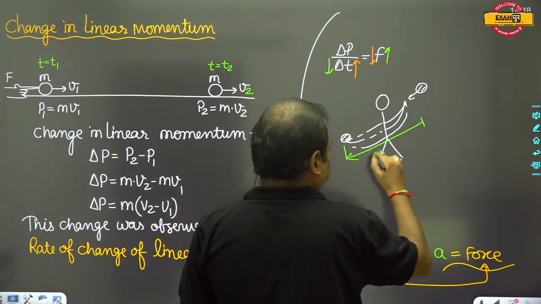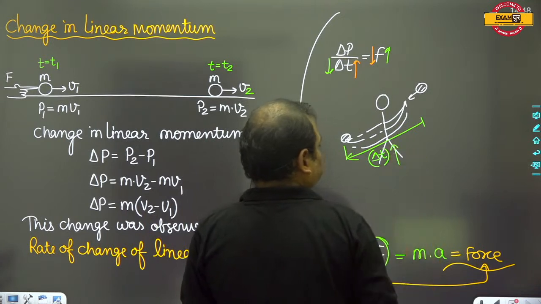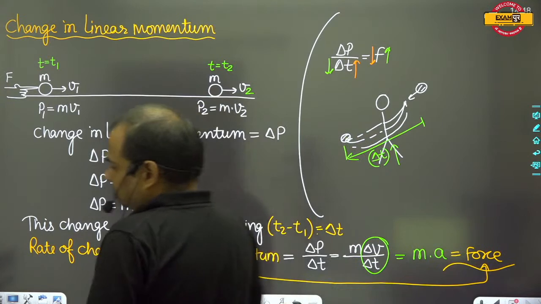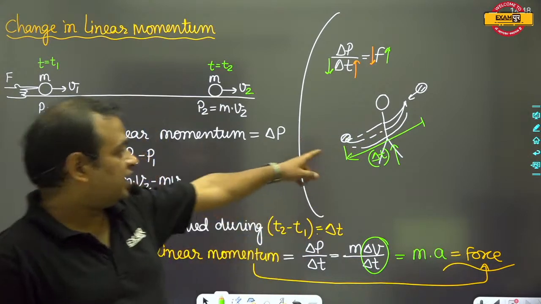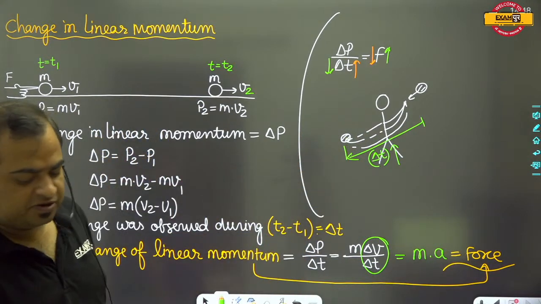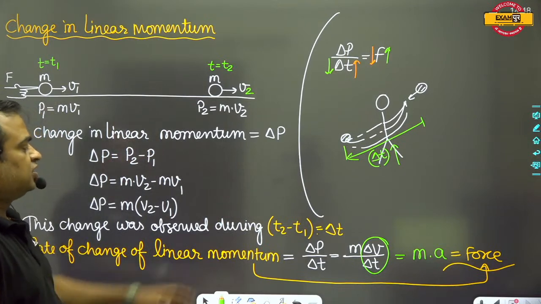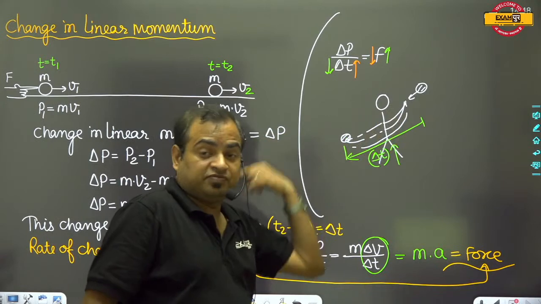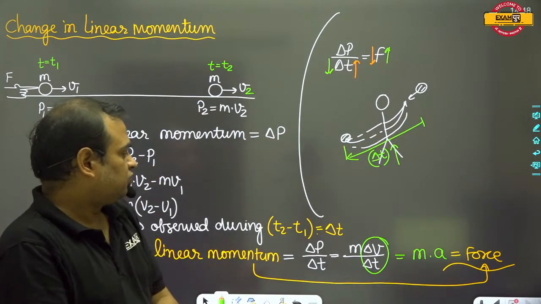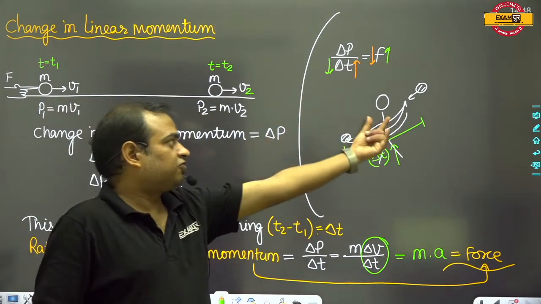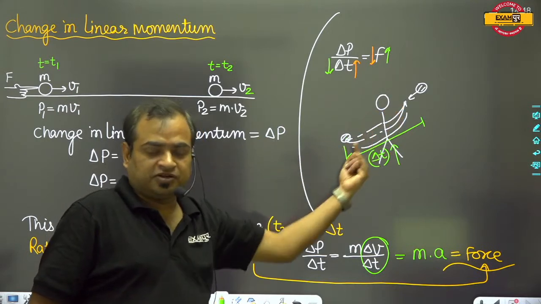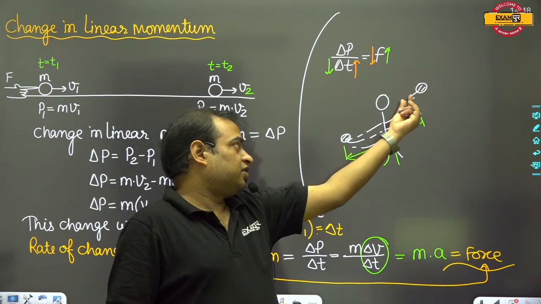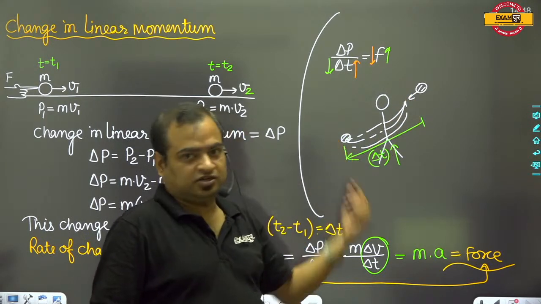That's why the value of delta t increases, and the force applied by the ball on his hands will be minimized. Due to this he doesn't get hurt by the ball coming with a very high velocity, because the rate of change of linear momentum decreases as he brings the ball from here to here.